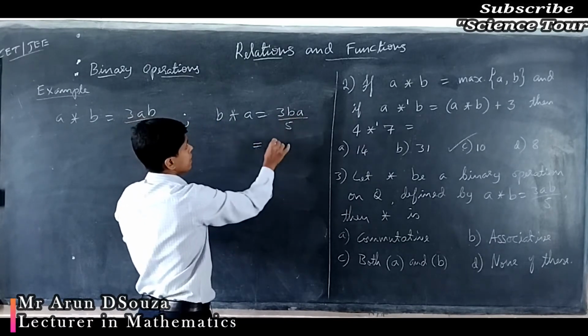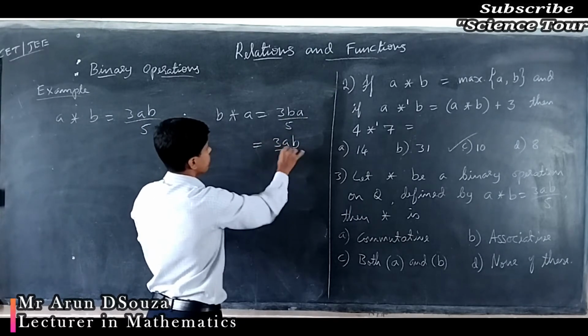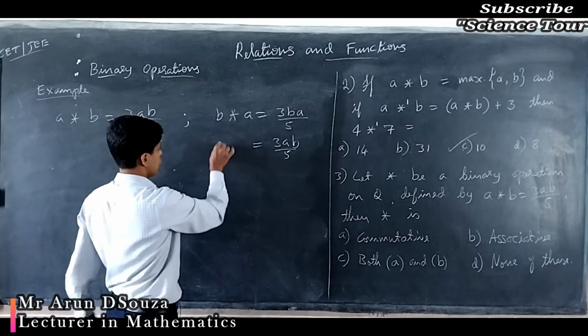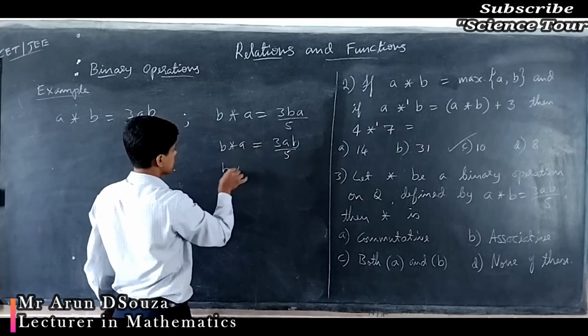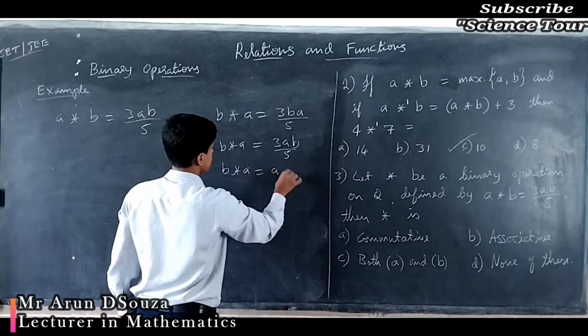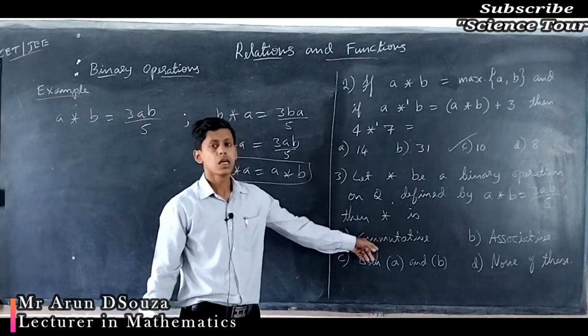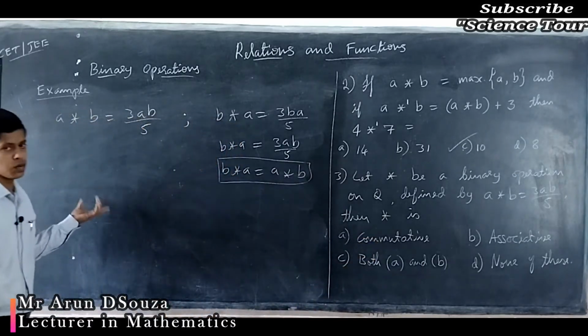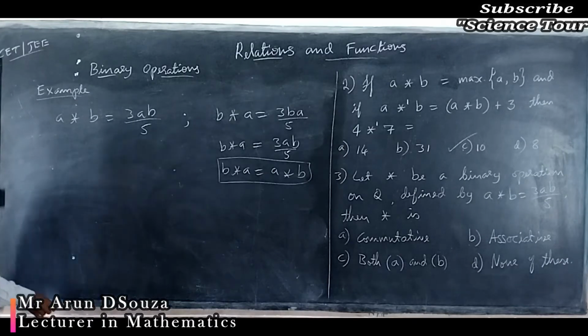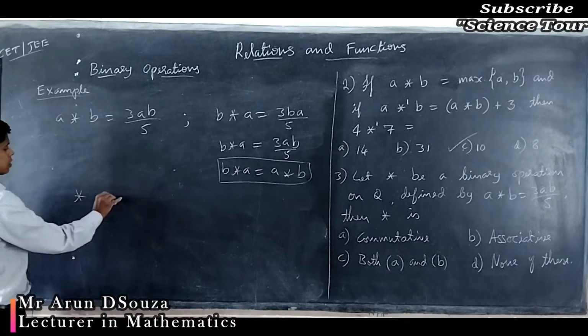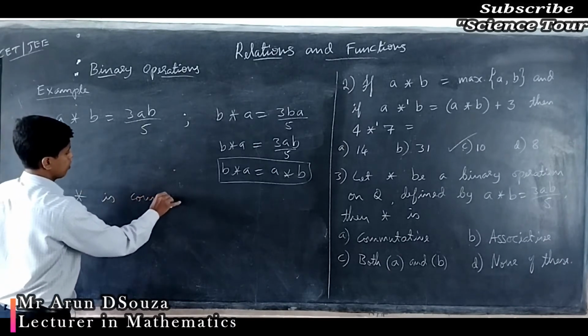Now BA and AB, are they same? Yes. So B star A is equal to A star B, is it not? So if this happens, it is commutative. So star is commutative. Let's understand whether it is associative or not.